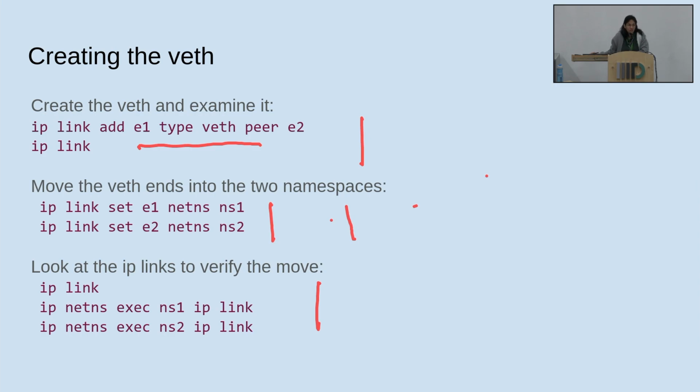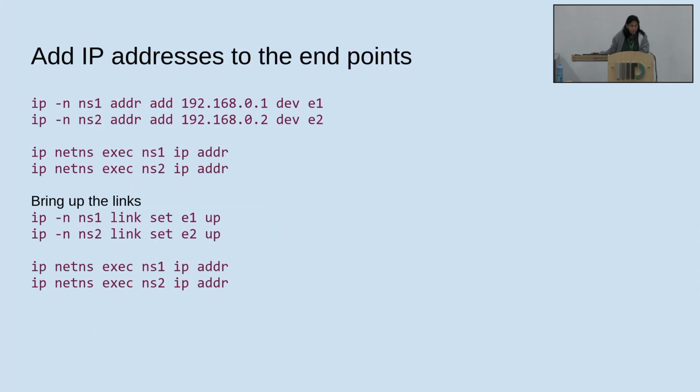So are you seeing e1 and e2 in your network namespaces ns1 and ns2? Yeah? Great. Now, as we said, you want to see if they can connect with each other, so we would add IP addresses to these interfaces. This command will add IP addresses to the devices that got created, that is e1 and e2, the veth endpoints, so that we can ping each other and see if they are connected.